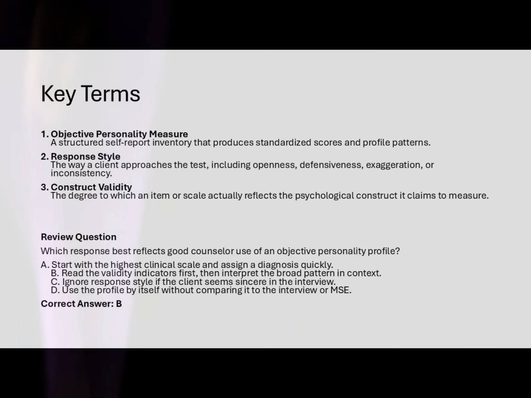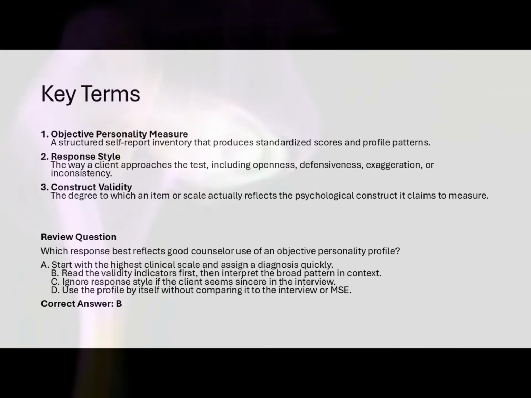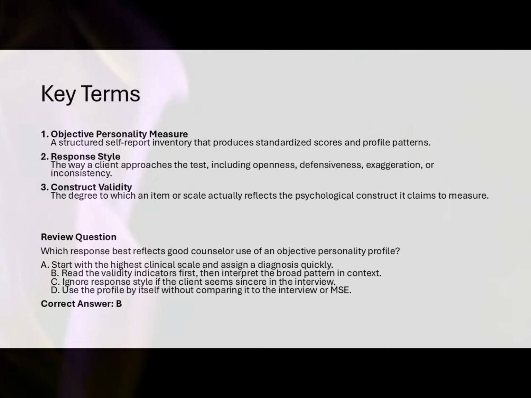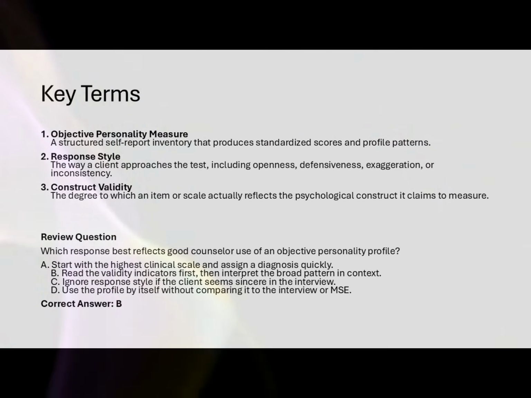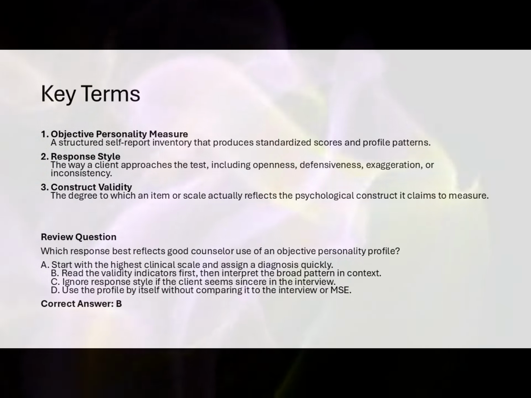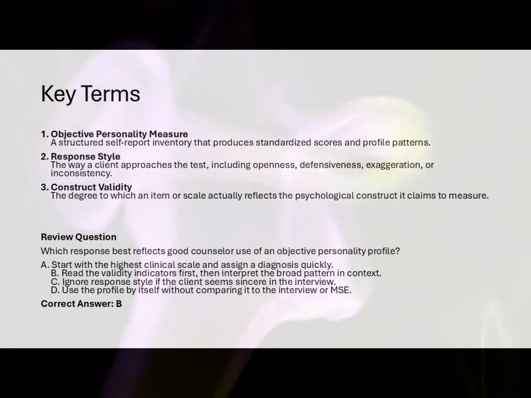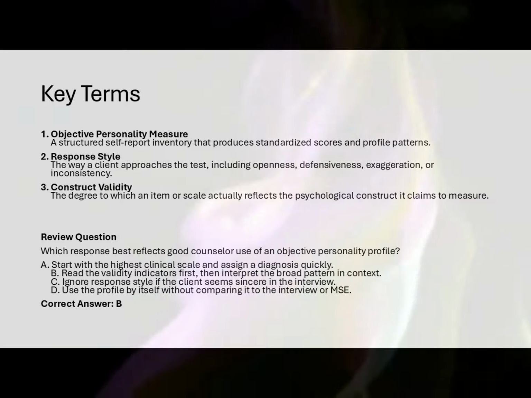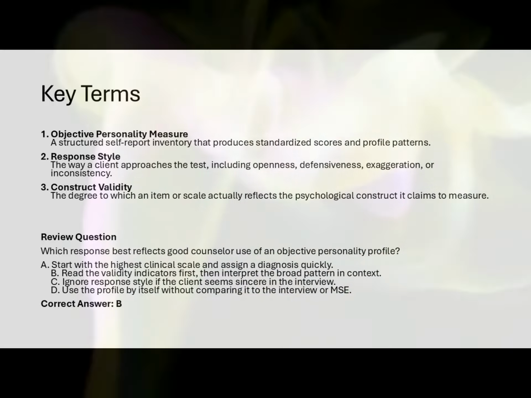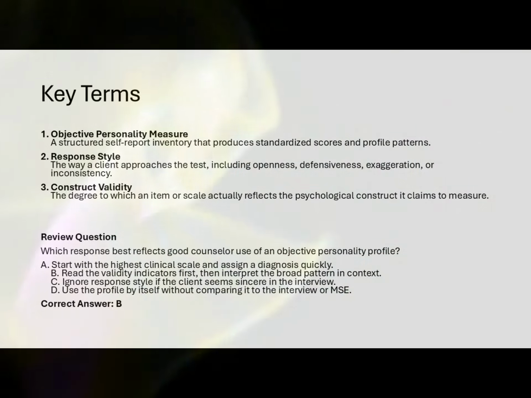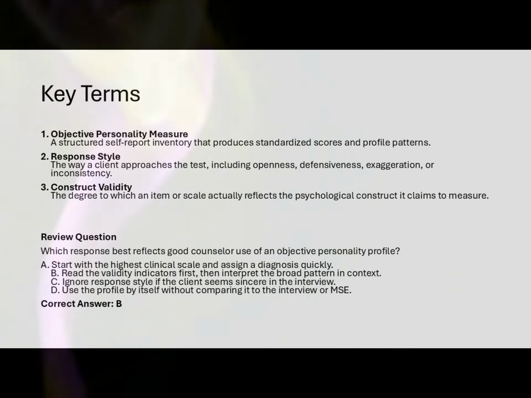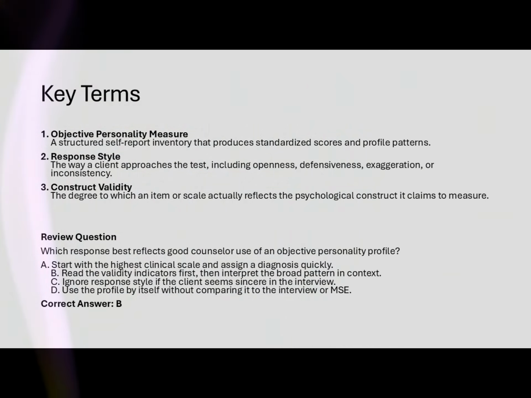A couple of the measures that I described were the MMPI and the PAI, the Minnesota Multiphasic Personality Inventory and the Personality Assessment Inventory. The second key term is response style. Response style refers to the way that the client approaches the test.